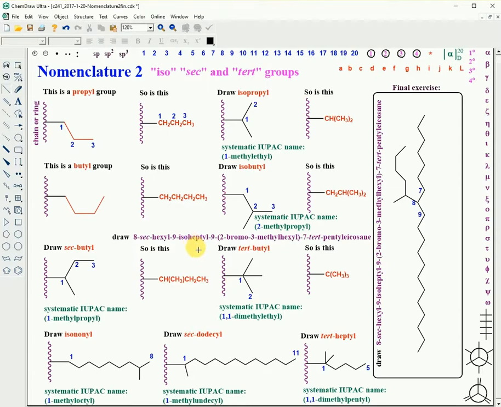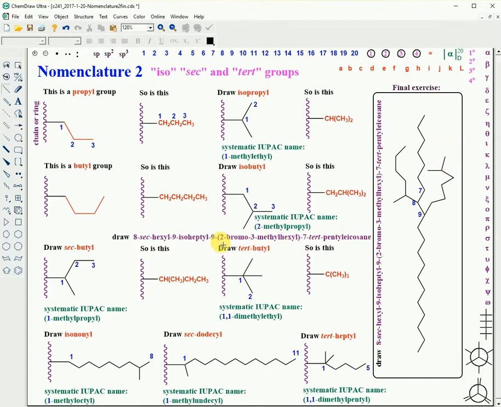On carbon 9, I draw one less than heptyl, which is hexyl. 6 carbons off of 9. Because it's iso, the branch goes at the very end, making a V pattern. Not a very pretty V, but it's a V right there.